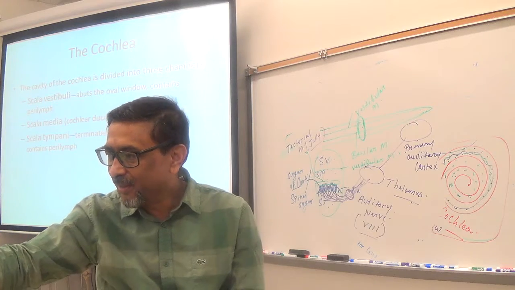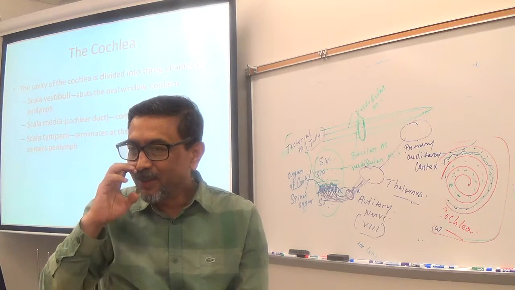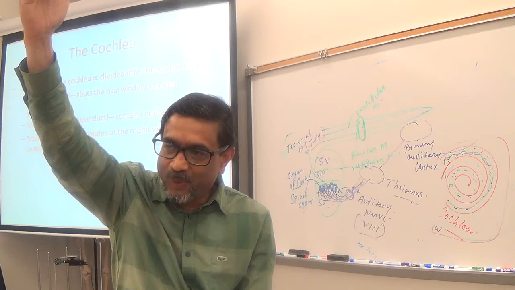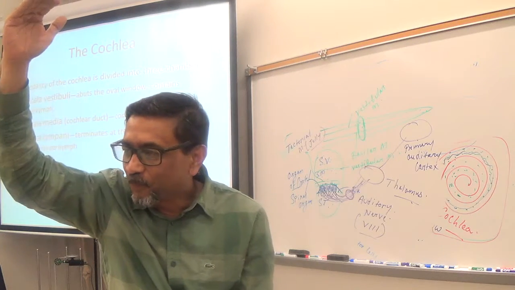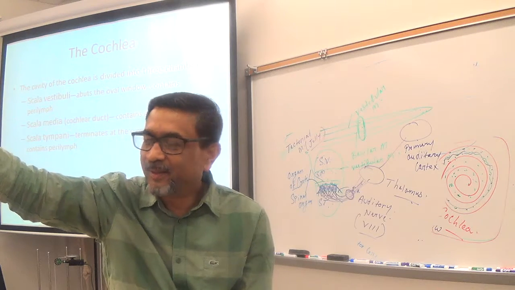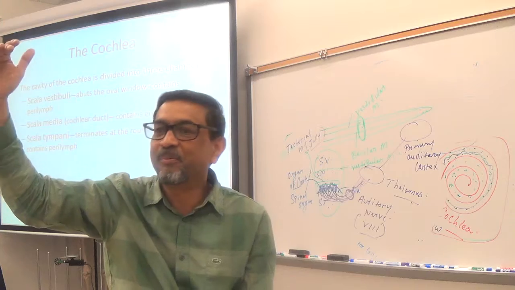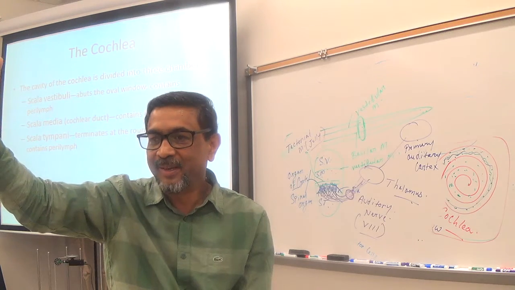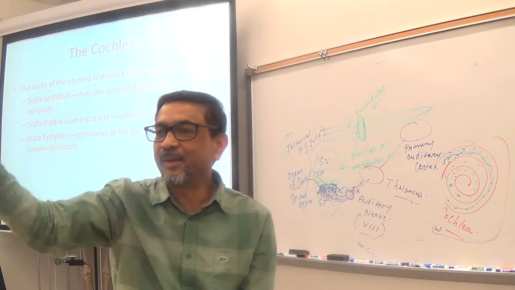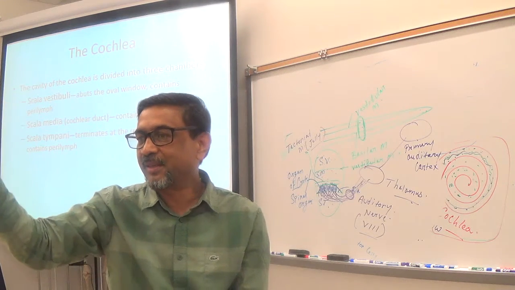Lower one is called the basilar membrane. Is it clear? So how many chambers? 3. Uppermost one is the scala vestibuli, right? Middle one is the scala media. And lower one is the scala tympani.